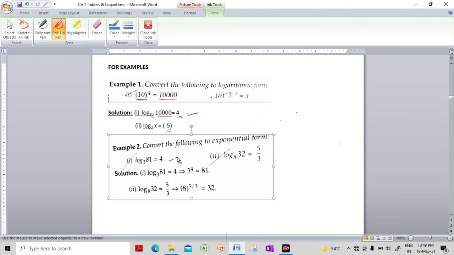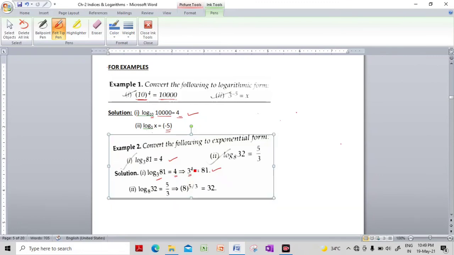Now in logarithmic form, the question is given and we have to convert it into exponential form. So log of 81 to the base 3 is equals to 4 can be written as 3 power 4 equals to 81. Whatever is the base here in logarithm, that comes here, 3.